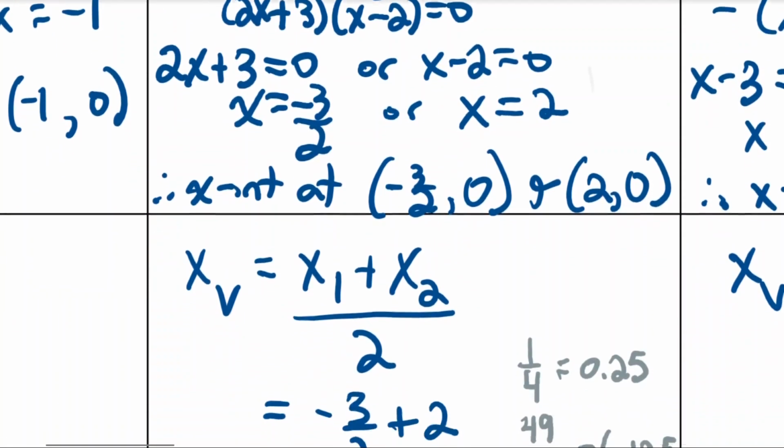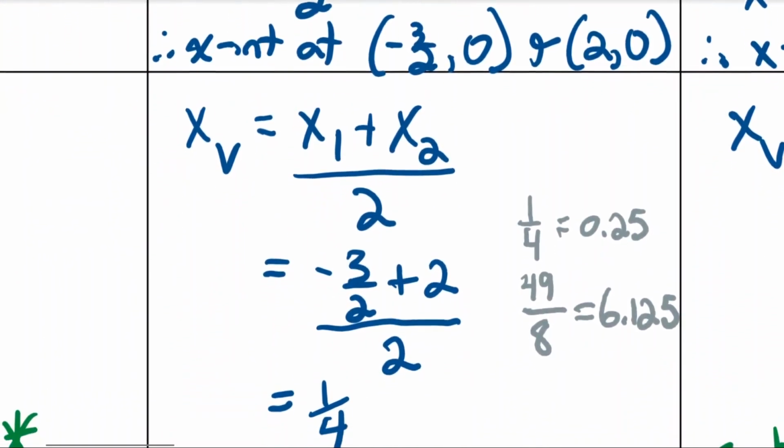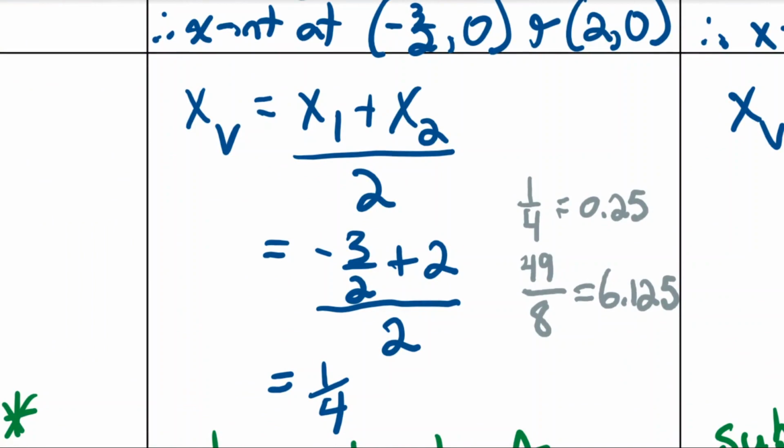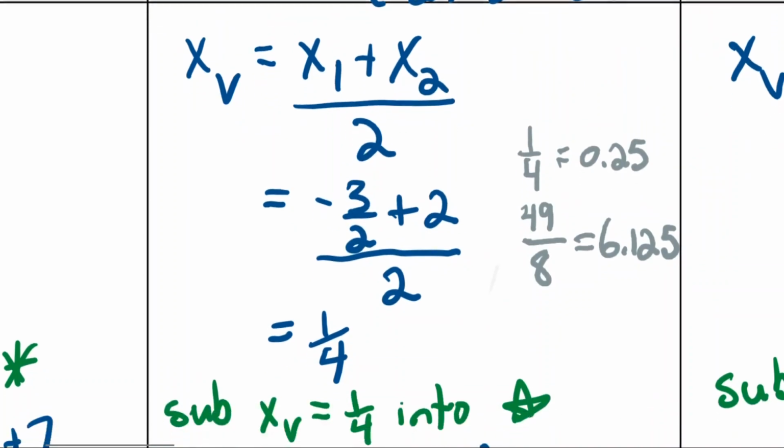As before, we just take the average of our x-intercepts to find the x value of our vertex. So that's our -3/2 and our 2. We do that and we get 1/4.